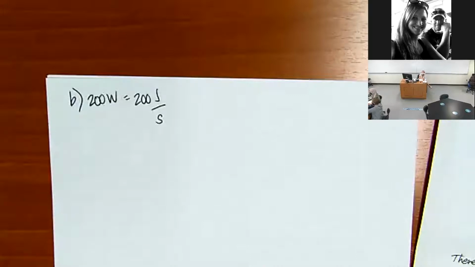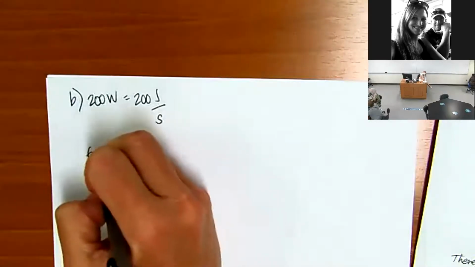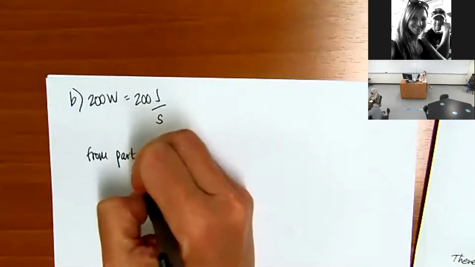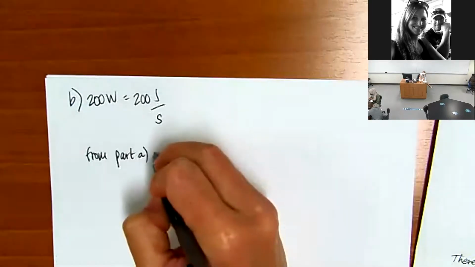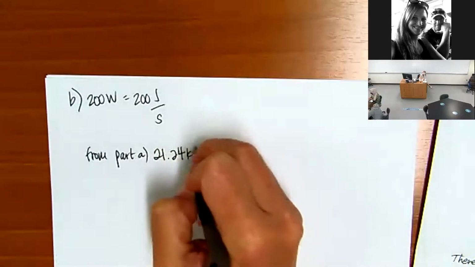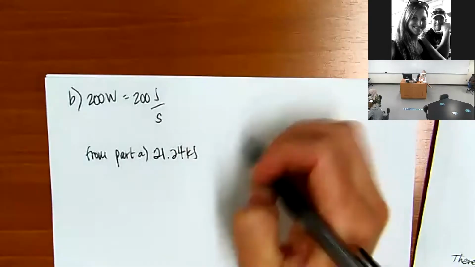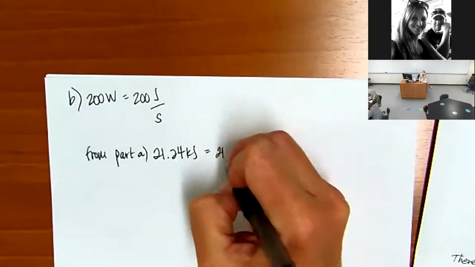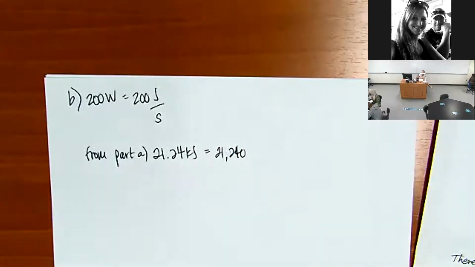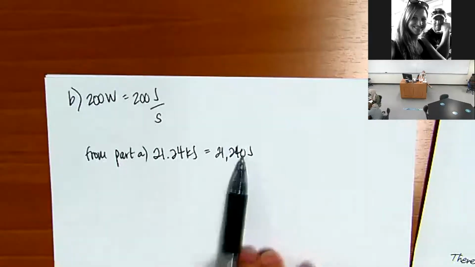We know from part A that our heat transfer is 21.24 kilojoules, which is 21,240 joules. So now I have joules per second.